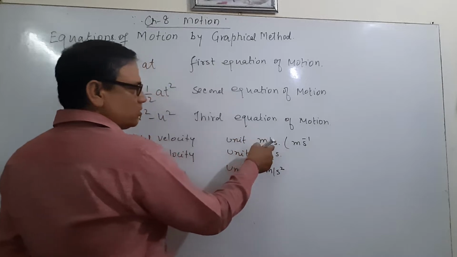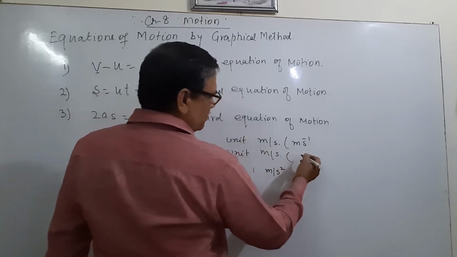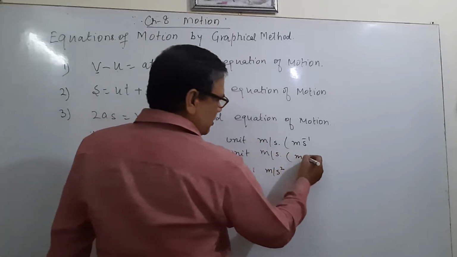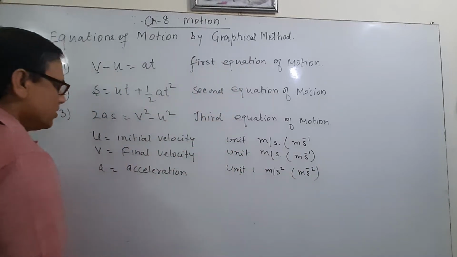When we change the denominator into the numerator, then the power will be negative, or a negative power will become positive and a positive power will become negative.